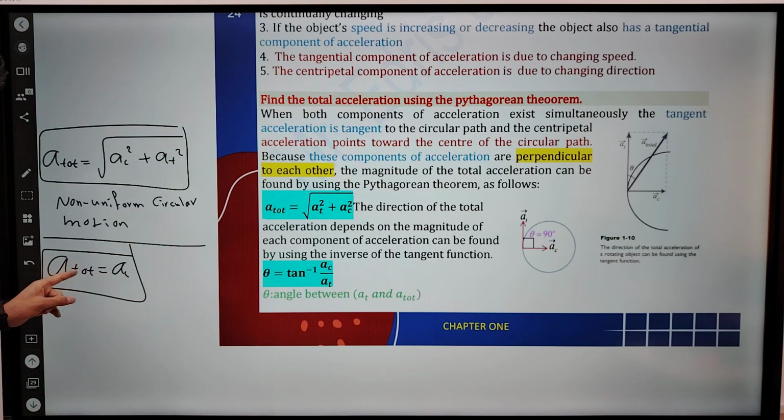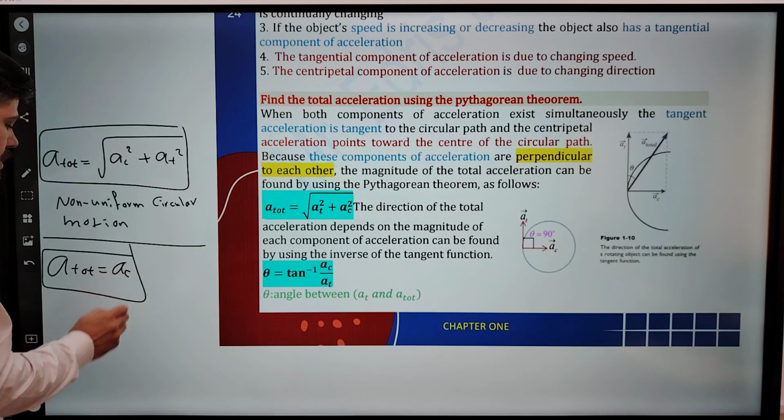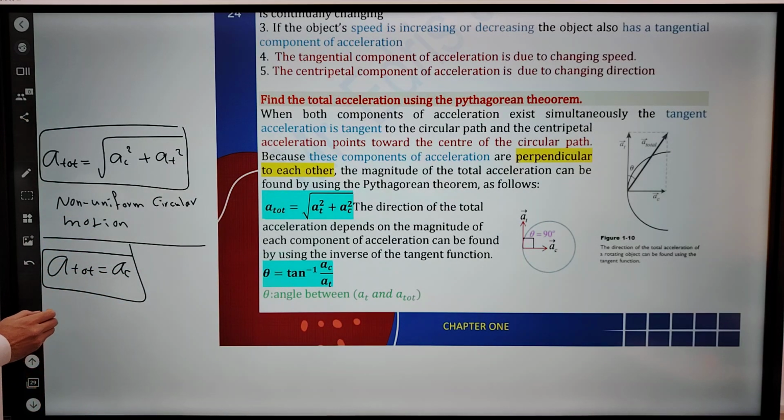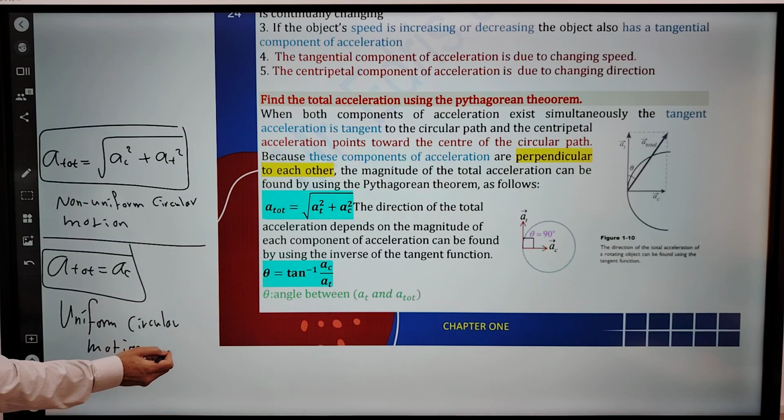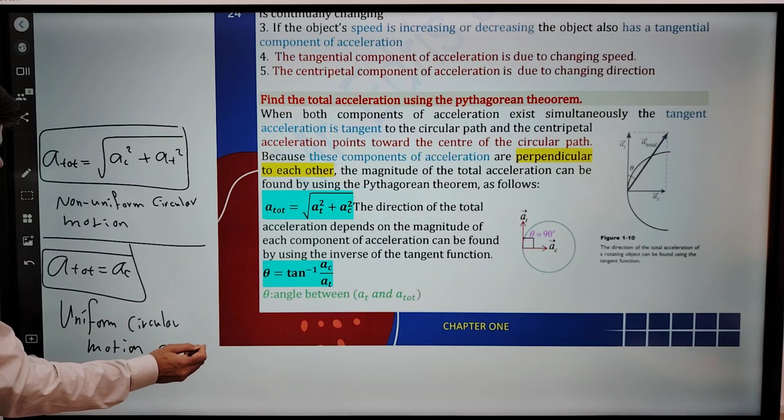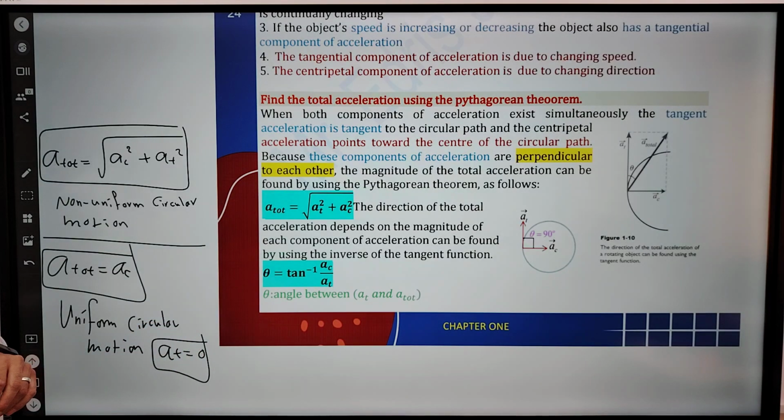So when is the total acceleration equal to centripetal acceleration only? For uniform circular motion. Why? Because AT is equal to 0 for uniform circular motion.